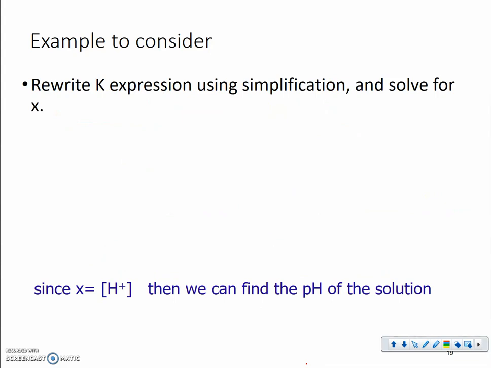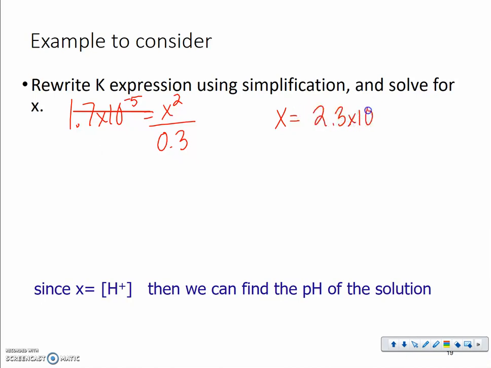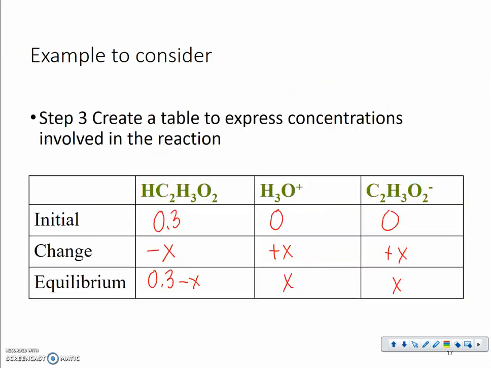Okay. So now our K expression is much simpler to solve. Now we can solve for x. Multiply both sides by 0.3 and take the square root. If we go back to what x actually stands for, x is going to be what H3O plus is.